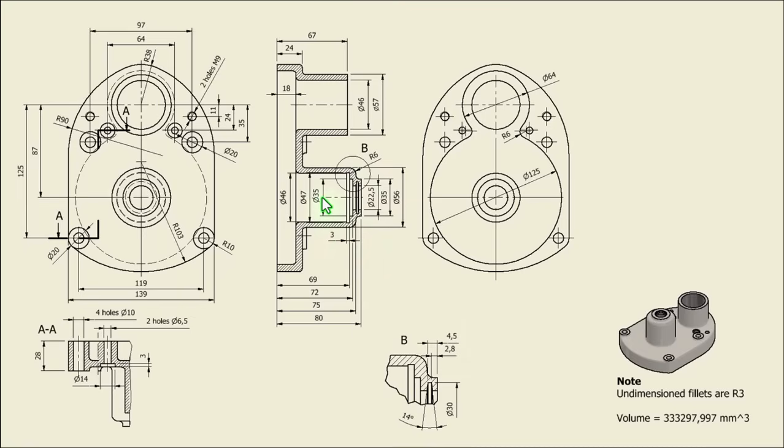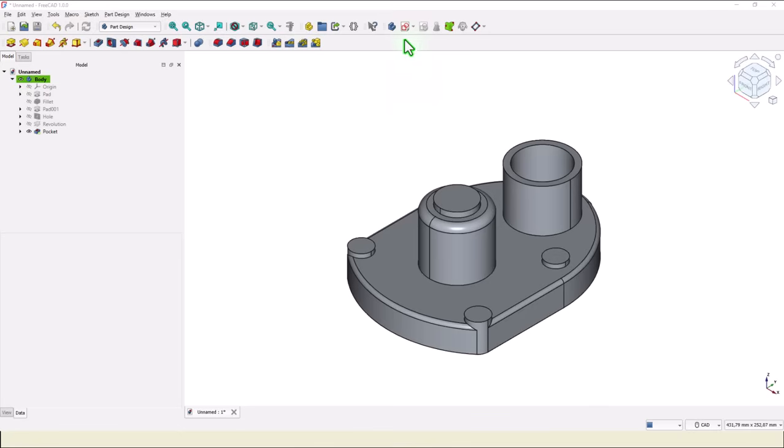Then 35 at 72, 3 millimeters here, and 69 for this end. The other dimensions are 47 for this channel and 46 for this cylinder. We apply all these dimensions.